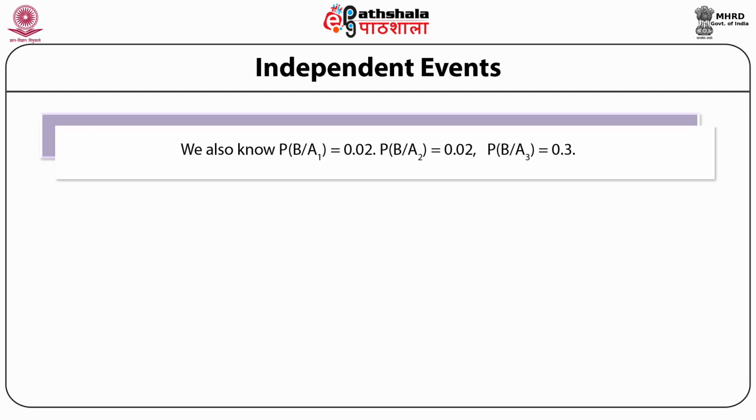We also know that the probability of B, that the item is defective when A1 is selected, is as given 2%, that is 0.02. Probability of a defective item when A2 occurs is also 2%, so 0.02. Probability of a defective item when A3 is selected is 3%, that is 0.03.